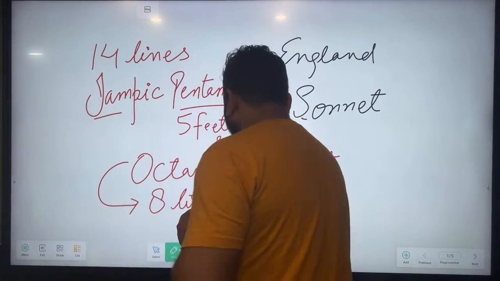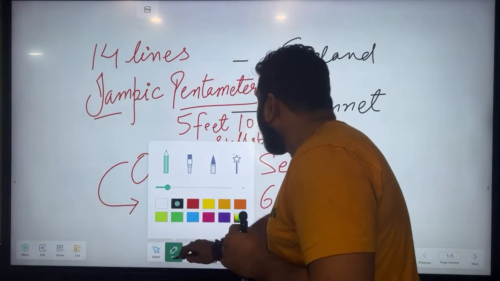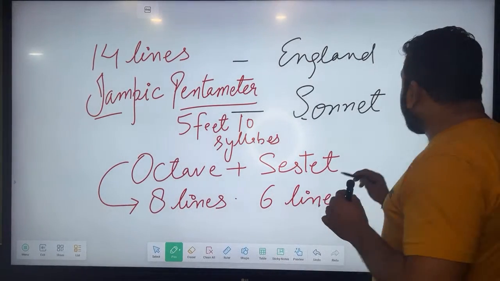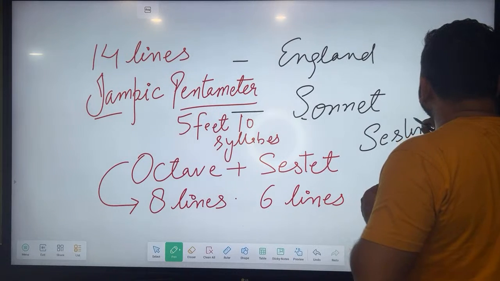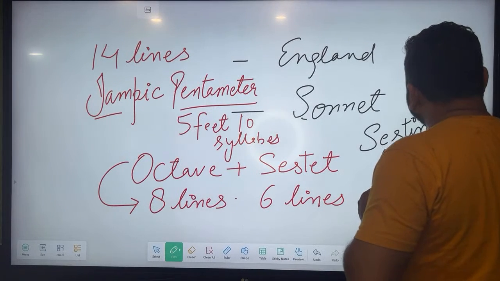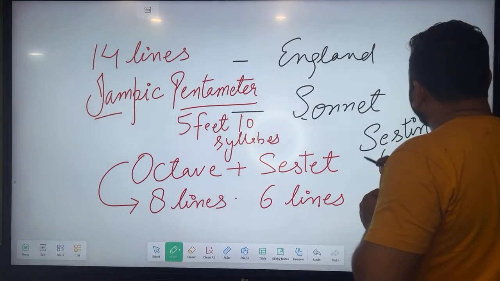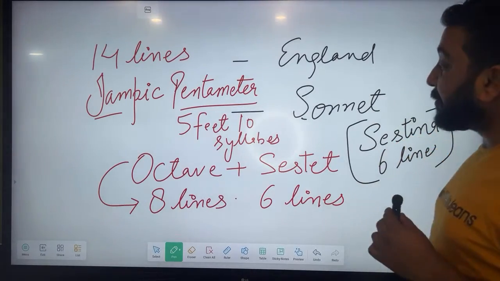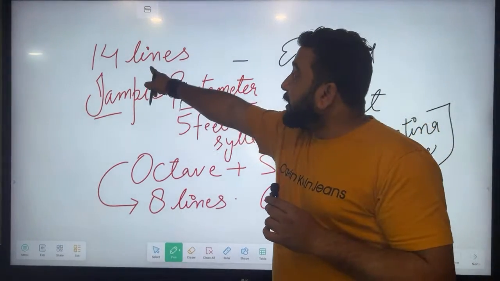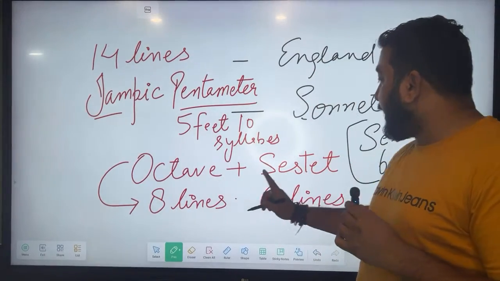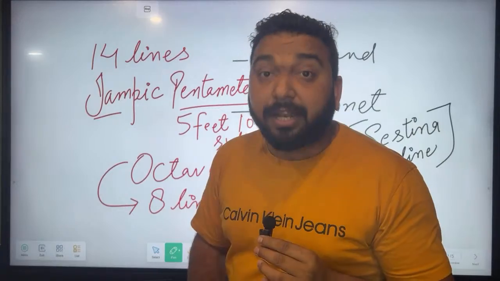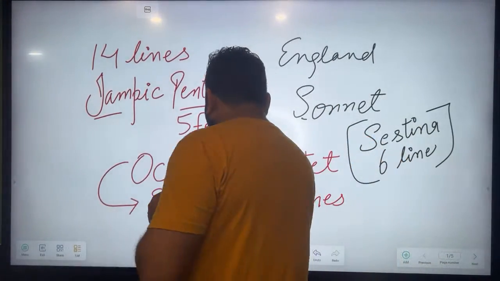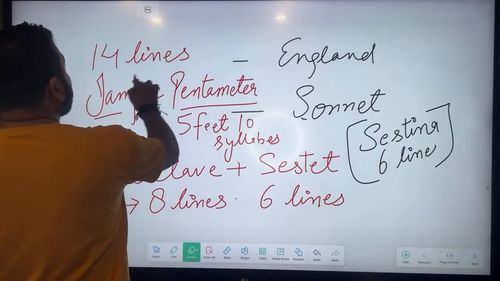Now, point to be noted. अब ये point note करना. 6 line poetry is also called sestina. So some writers used to write sestina, 6 line poetry. So ये भी याद रखना, sestina poetry. Now 14 line poetry is divided into first 8 and then 6 parts, octave and sestet. That was the Petrarchan style. That was the Italian style. Okay, लिख लिया होगा ना, screenshot ले लेना इसका.